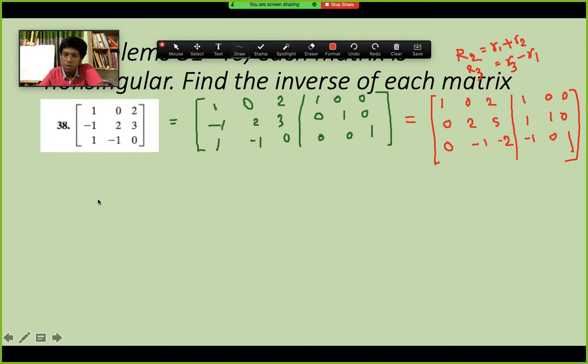Then between these two lines we can do some operation. We can multiply this line by 2 and add it with this line to get a 0 here. Let's do it.